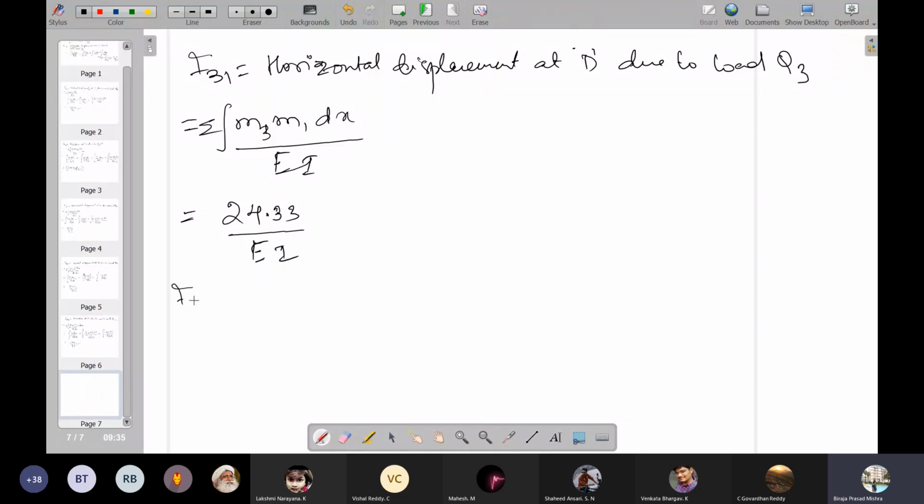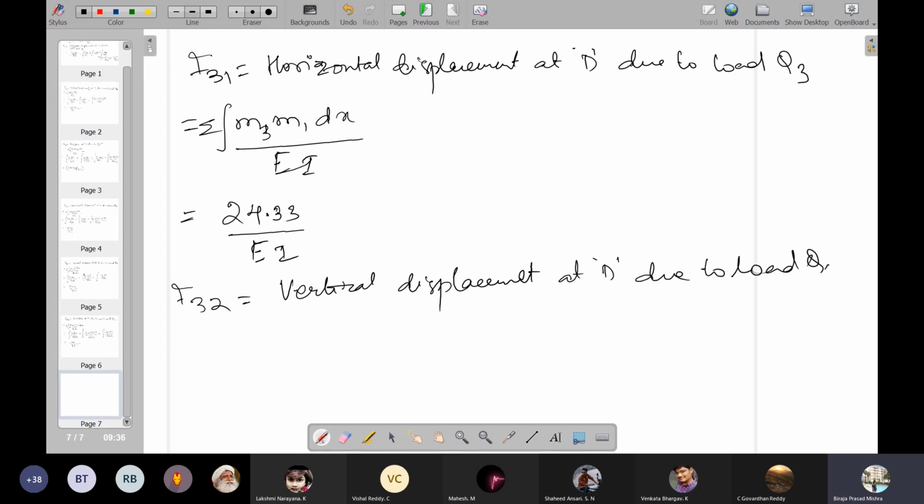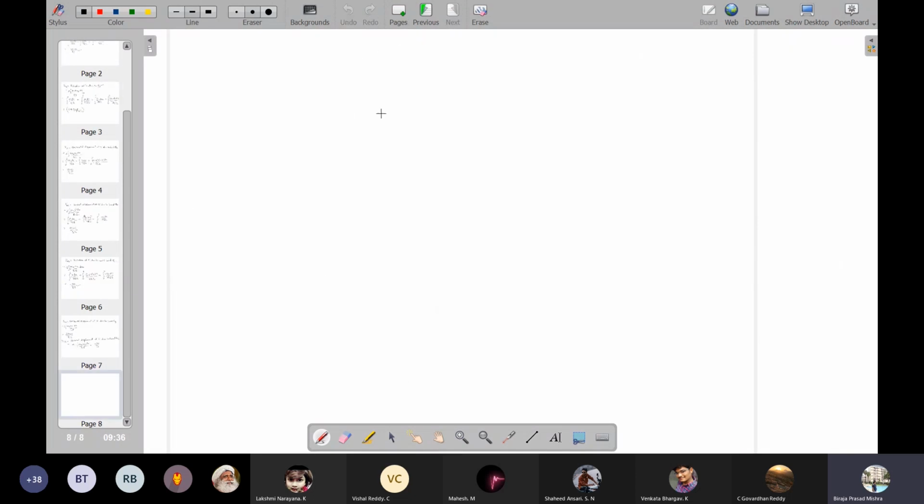Similarly, F32 equals the vertical displacement at D due to load Q3. That will be the summation of the integration of M3 M2 into dx divided by EI, which becomes equal to minus 40 by EI.